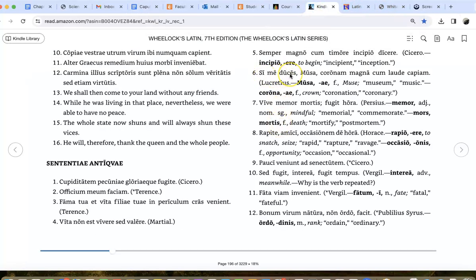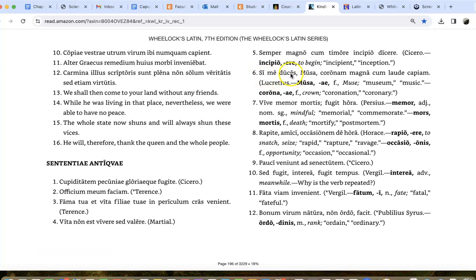If you will lead me: si, if; duces, you will lead; me, me. So Latin just has one word, English has two, will lead. So, Muse, we just say Muse. I will begin, or in this case, I will take a crown with great praise.